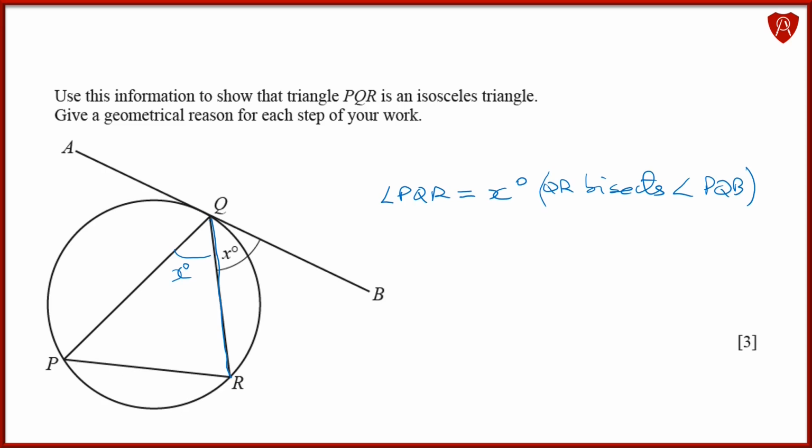Next is to observe that given this tangent and this chord, x is an angle within this segment of the circle. Now the angle in the alternate segment, this remaining segment, which we call the alternate segment, the angle in the alternate segment is always equal to this angle with the tangent.